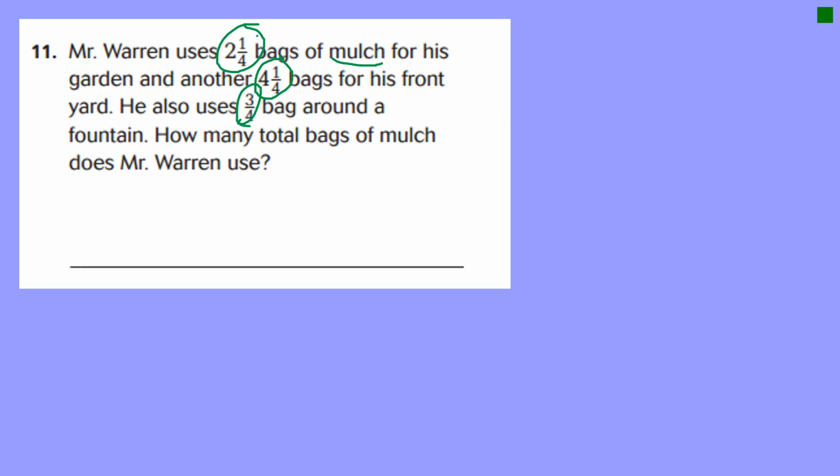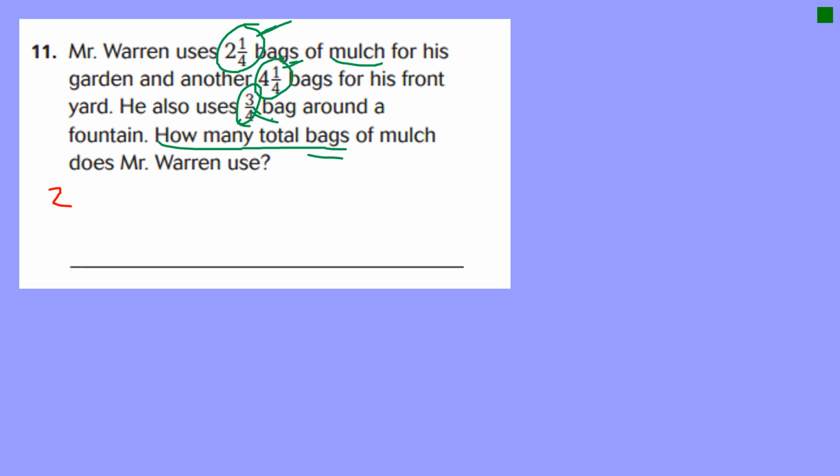He uses it around his garden, some in his front yard, and then a little bit around a fountain. How many total bags? So what are we thinking, guys? We have that, then that, then that. What's the total amount he uses? What are we going to do with those numbers to find the total?